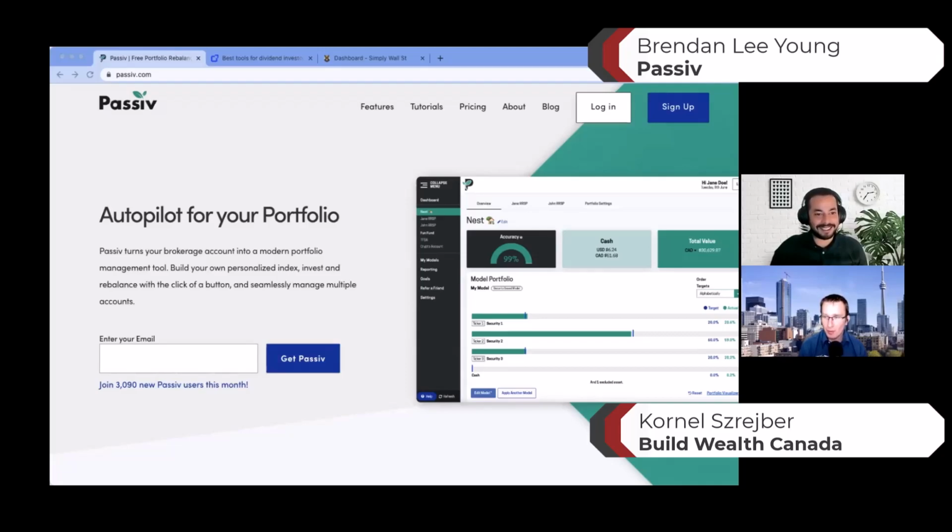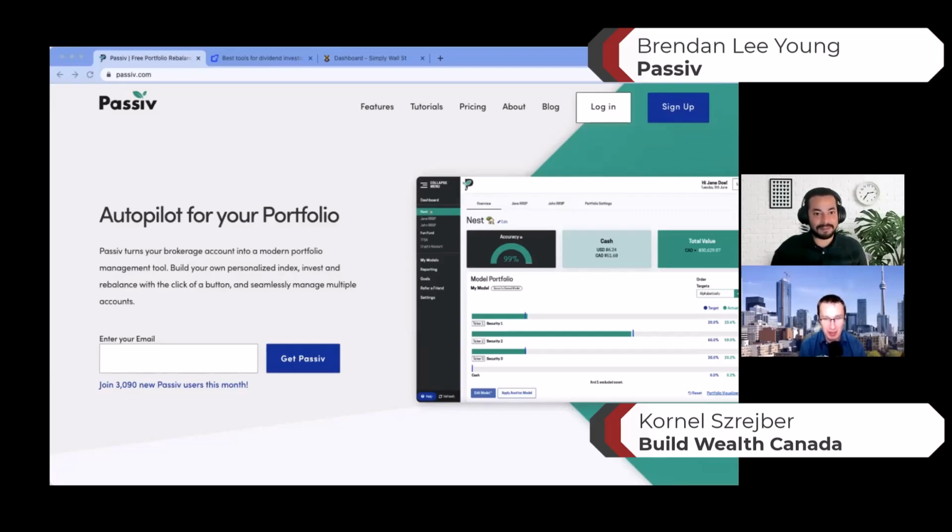Awesome, awesome. And yeah, we're big fans of asset allocation ETFs. But what's really neat about Passiv is that you can do lots of things in it, but one of the ways I use it at least is I create an asset allocation ETF like my own within Passiv.